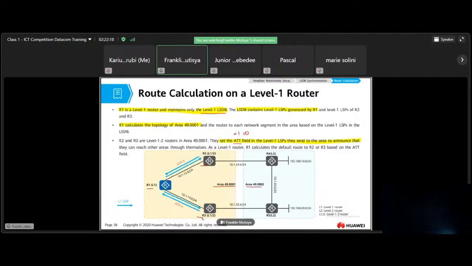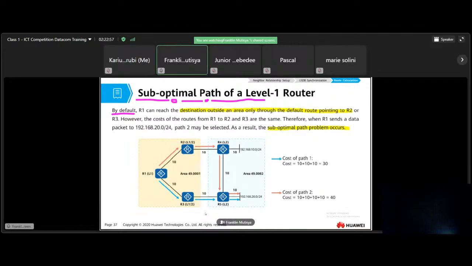When we set it as a 1, we mean that the router is either a level 1-2 router, or rather it has connectivity to other routers like level 1-2. When you set it as a 0, it means that the router cannot connect to level 1-2. So we usually set the attached field as 1 or 0, and it indicates whether we can forward. You can see it's indicated here as 1. So 1 means that we can reach, or that we are destined for this particular area.